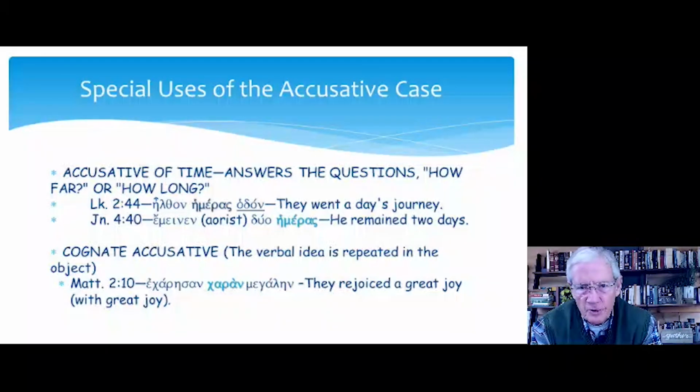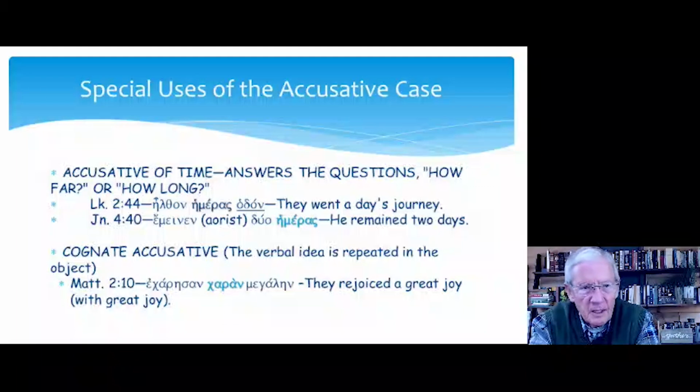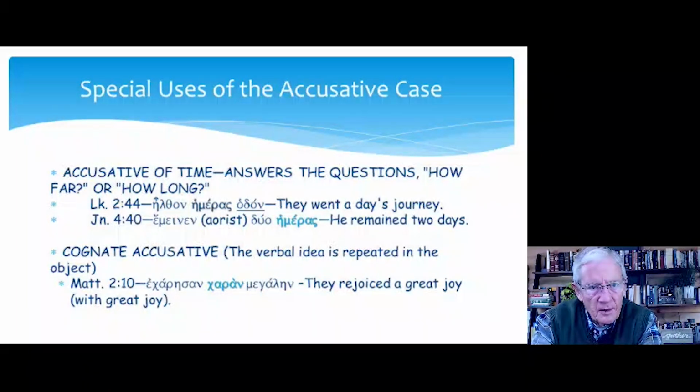This is one of those strange nouns. It's feminine but ends up taking masculine endings. Now, hēmeras is feminine singular accusative. So they went a journey of a day.